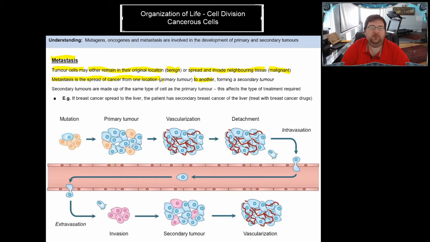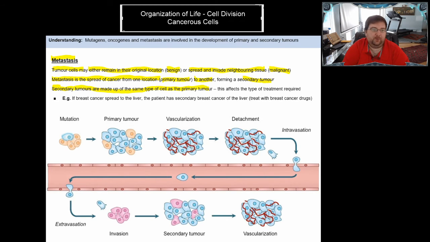We can also talk about them in terms of primary tumors and secondary tumors, right? The primary tumor is the tumor that originated in your original location, and secondary tumors are new tumors in new locations. The interesting thing about secondary tumors is they're made up of the same type of cell as the primary tumor, and they can occur in different parts of the body.